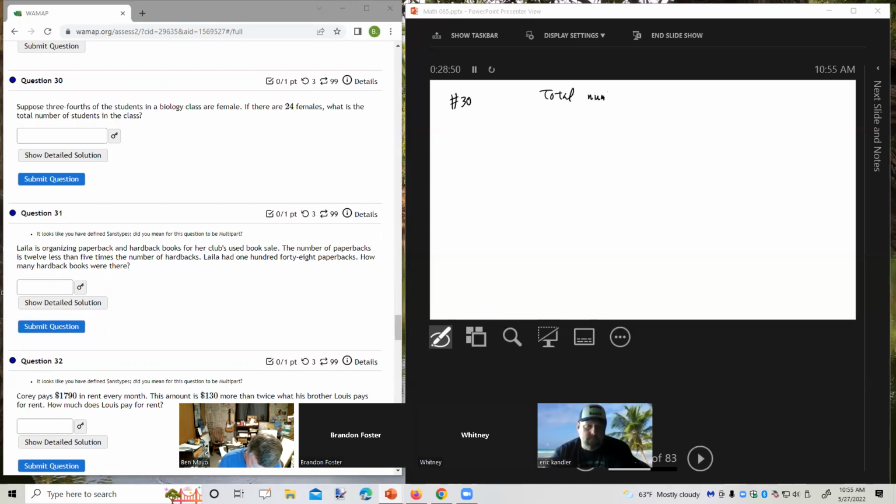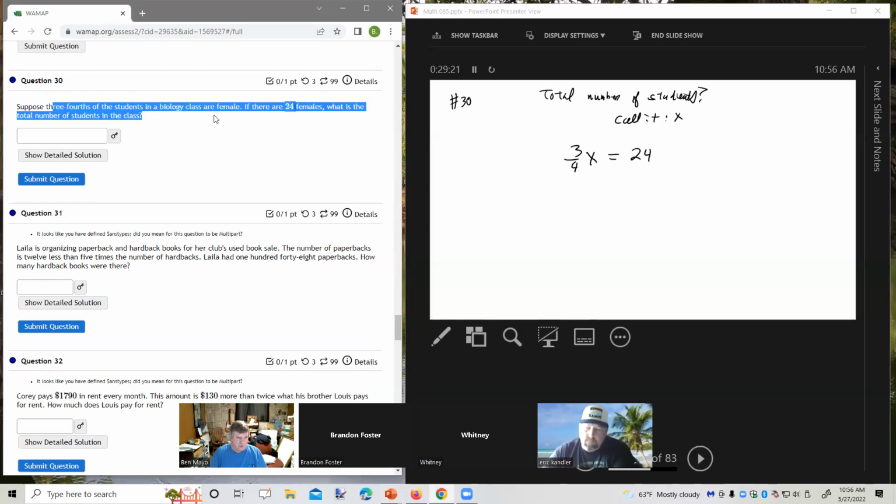Total number of students, call it X. So 3/4 of the students in a class are female. So are 24. So students in the class is X.